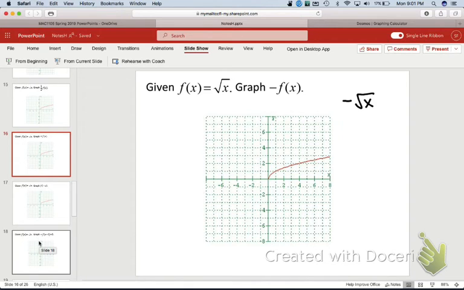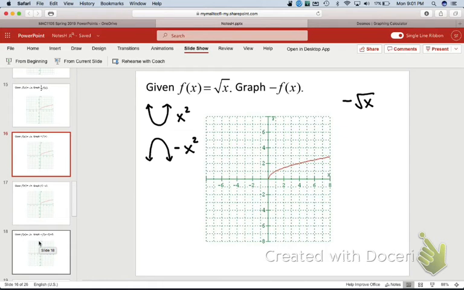I think a lot of us somewhere along the line have had put in our minds that this is a parabola that opens up because it's positive x squared, and this is a parabola that opens down because it's negative x squared. Okay. What's happening there, though, is that negative in the front is flipping it down over the x-axis. It's reflecting it down over the x-axis. So, same exact thing's going to happen here. We're just doing it with the square root of x function.